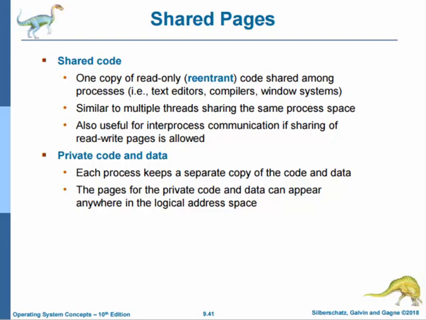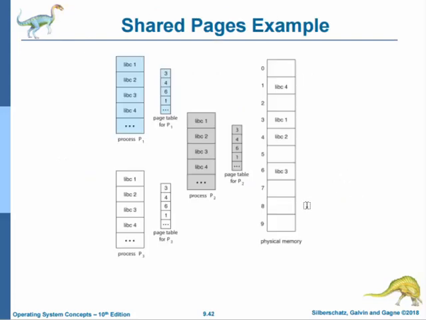So another advantage is that each process keeps a separate copy of the code and data, and the pages for the private code and data can appear anywhere in the logical address space. Here in this figure, we can see 3 processes sharing the pages for the standard C library, or libc.